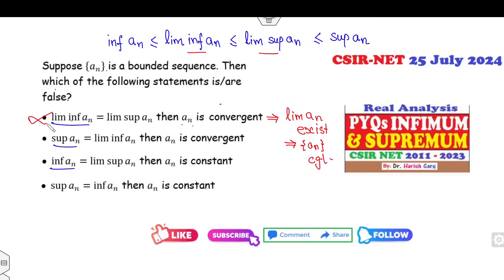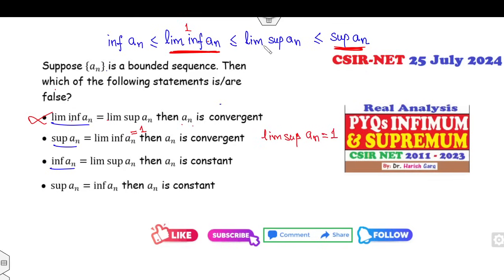This is cancelled. Look at the second option. If the supremum of an and the limit of the infimum are both the same, let's say both are equal to 1, assume that, then the limit of the supremum is also 1.